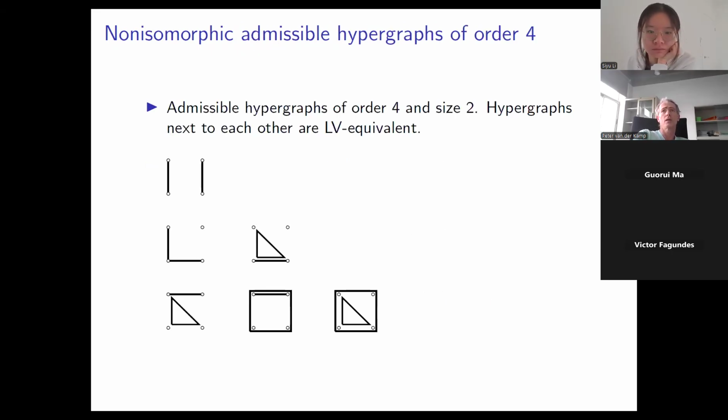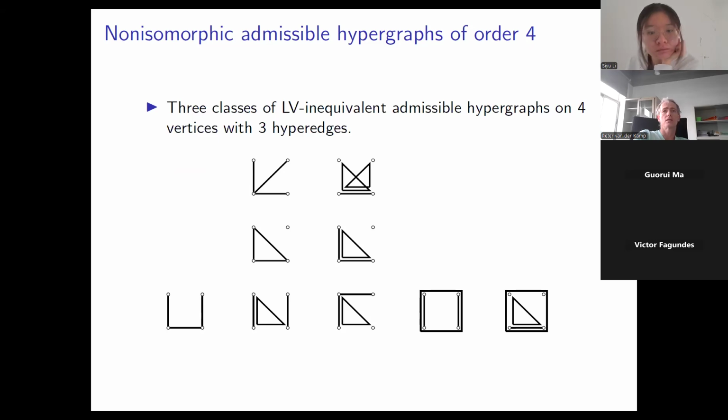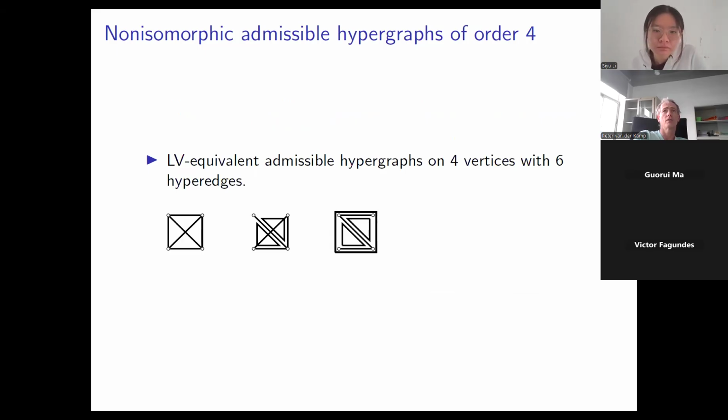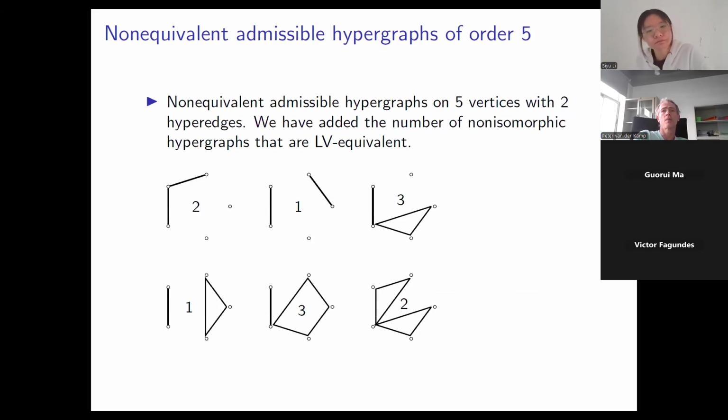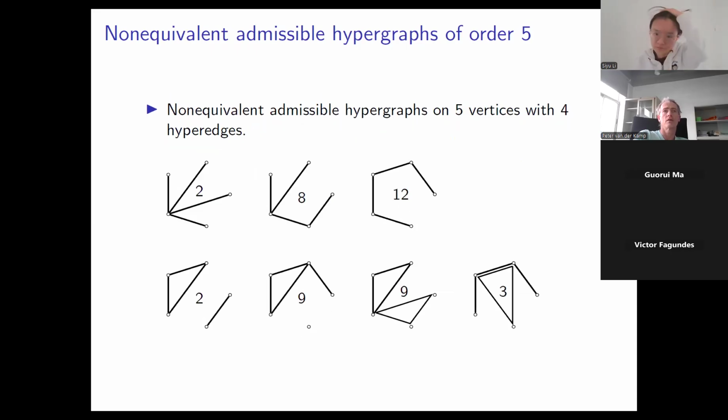Okay, let me go through the interesting case where we have hypergraphs of order 5 with 4 hyperedges. Because there are too many non-isomorphic hypergraphs, I've just put down one representative of the equivalence class, the one where the hyperedges have lowest degree.